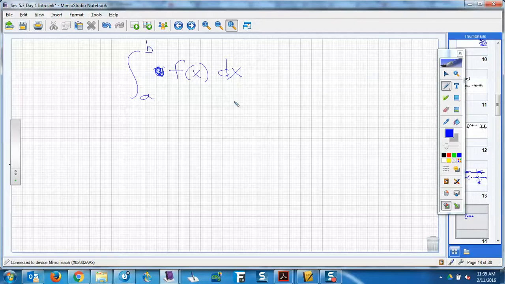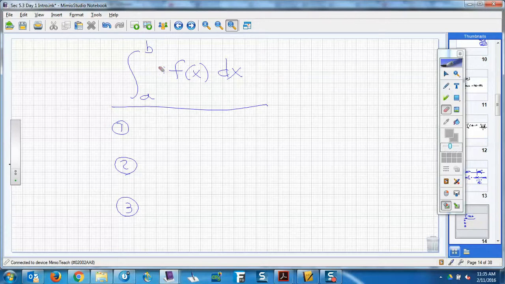But that's easy stuff. So if I want to do an area, a definite integral, we really have 3 ways we can do it. First would be the way we started at the beginning of the year. We could approximate. Remember when we counted squares? We would have some area and we would just count squares underneath it, right?